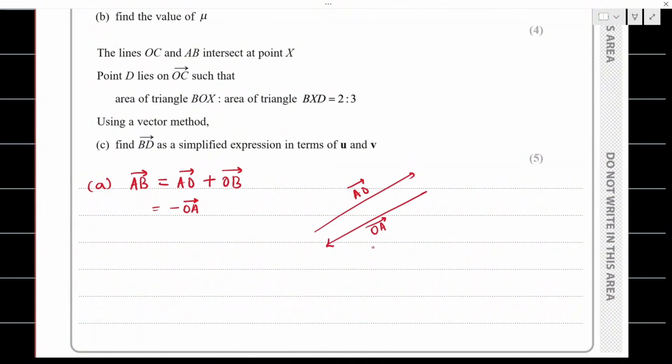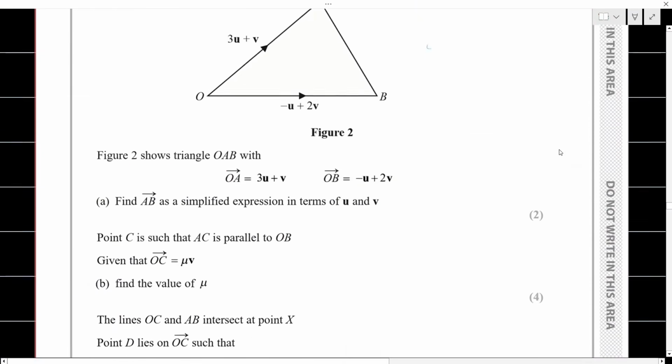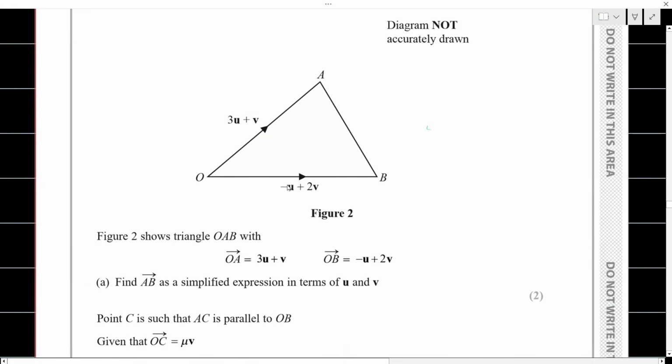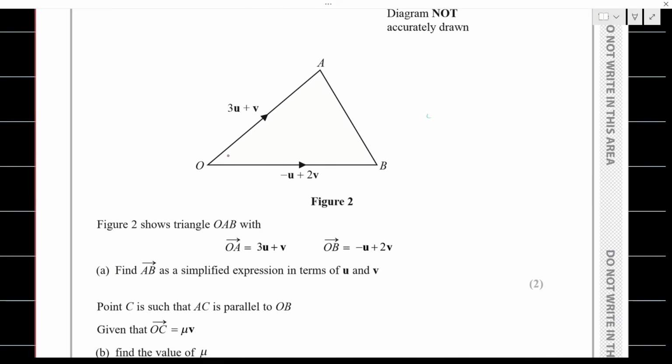Their lengths are the same, but their direction is just different. That's why I can express AO vector as minus OA vector. I can see this from our triangle.